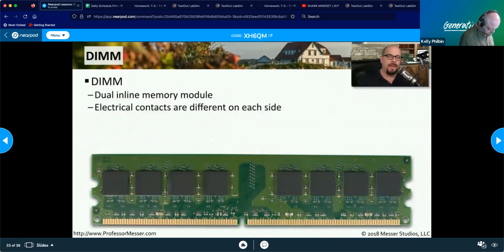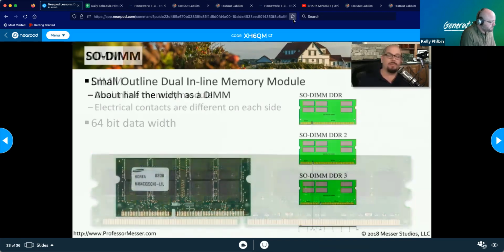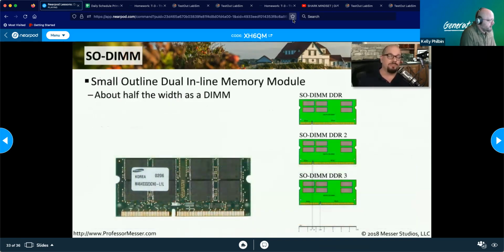The type of physical package that installs into those slots on your motherboard is a DIMM. This is a dual inline memory module. It's called a dual inline memory module because this memory module has a series of contacts on one side of this module. It has another set of contacts on the other side of the module, and those two contacts are different on each side of that memory module. These dual inline memory modules have a 64-bit data width, so we're able to transfer data from these memory modules in chunks of 64 bits at a time. The memory that's inside of a laptop is probably a smaller version of the DIMM.